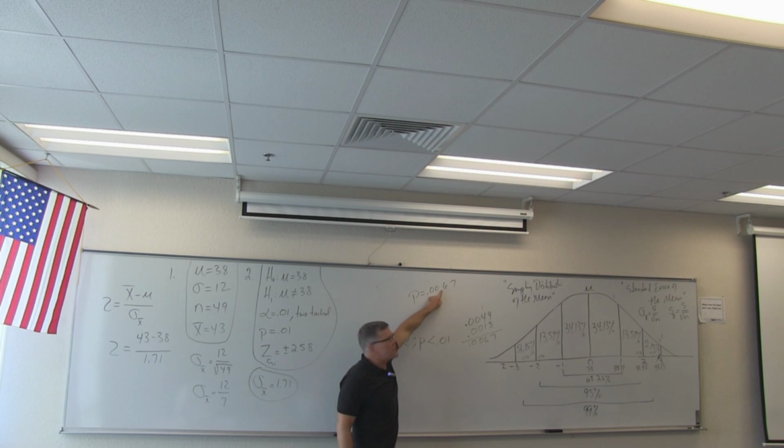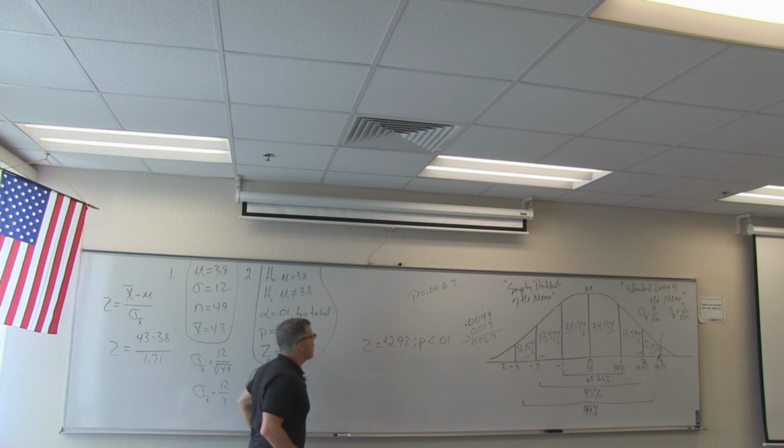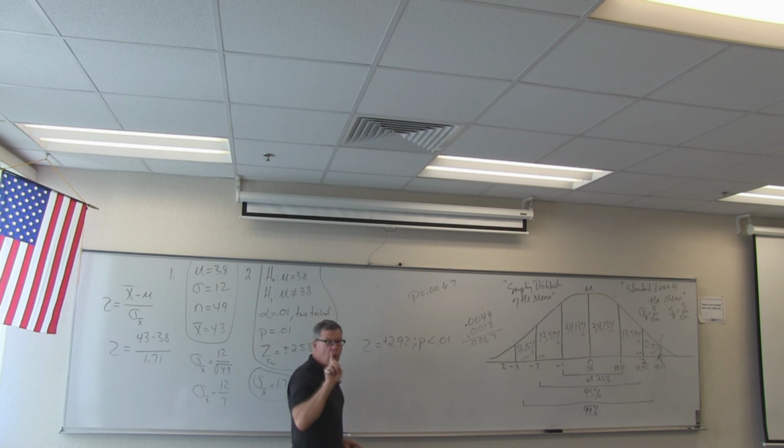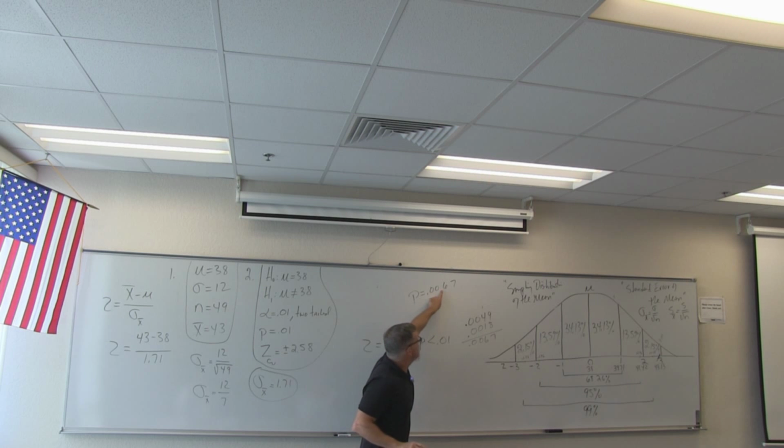Is 0.67% less than 1%? Yes. If P is less than alpha, reject the null. So the P region was reduced from 1% down to 0.67%. If P is less than alpha, we reject the null.